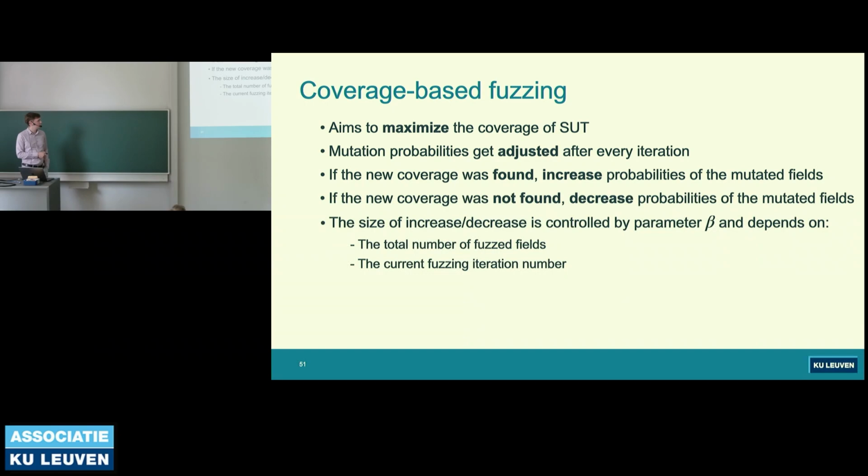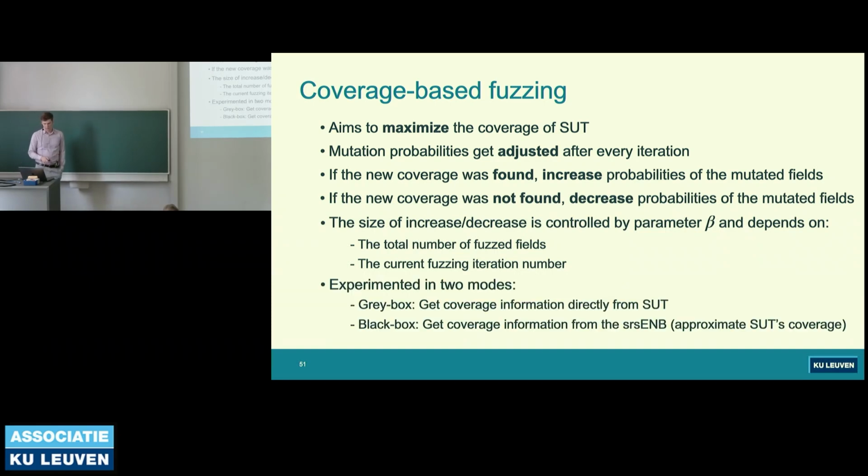And then the second is the current fuzzing iteration number. The logic here is that finding new coverage in the beginning is much easier than towards the end of the fuzzing. Because in the beginning, you have very little code explored in the system under test, and you will very often get new coverage, regardless of what you're doing pretty much. And therefore, in the beginning, this increase is much smaller than towards the end.